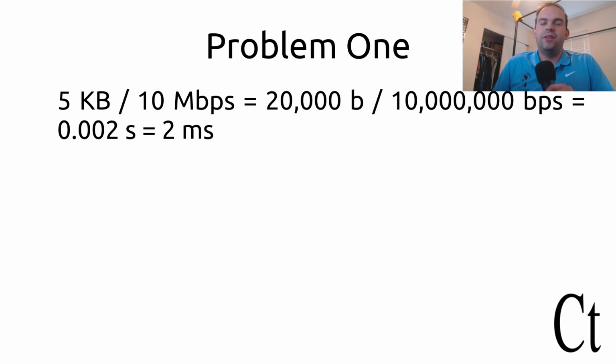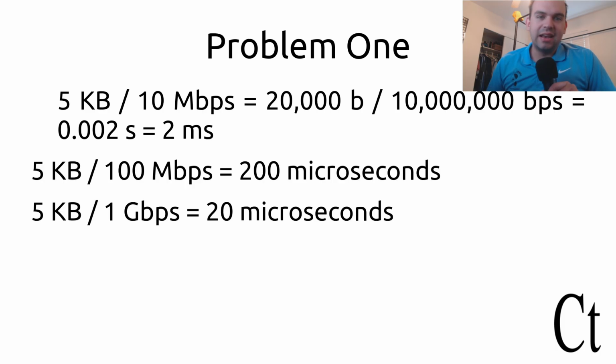That's 5 times 8 bits per byte times 1,000 bytes per kilobyte. And then divided by 10 million bits per second, we get 4 milliseconds. So it will take 4 milliseconds to put 5 kilobytes on the line. And you'll see that number decreases by a factor of 10 as we increase the bandwidth by a factor of 10.